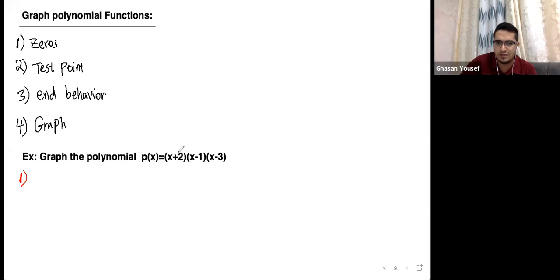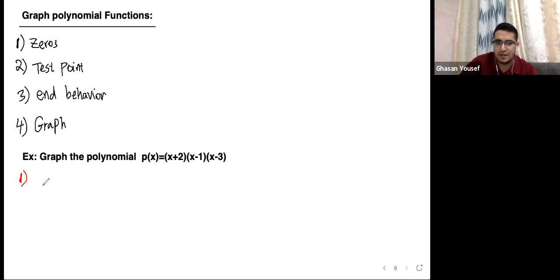So the first zero is minus 2, and also 1. If I plug 1 inside this polynomial, I will get 1 plus 2, 1 minus 1, and 1 minus 3. And 1 minus 1 is 0, so 0 times this will give me 0. And the last one, b of 3: 3 plus 2, 3 minus 1, and 3 minus 3. 3 minus 3 will give me 0, so it's a zero for this polynomial.